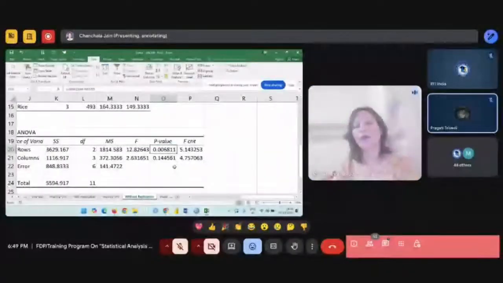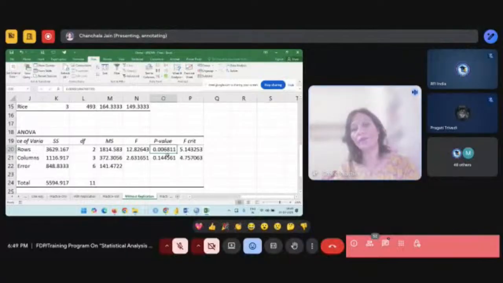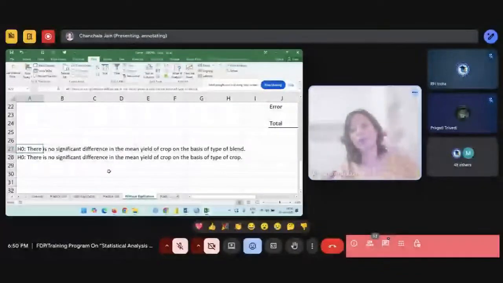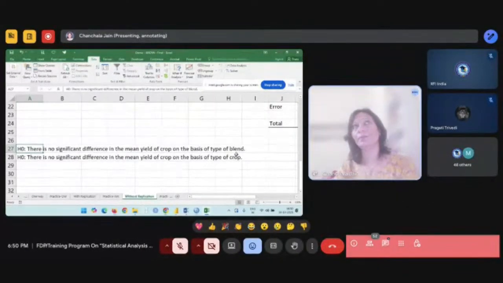The first P value is less than 0.05, but the second P value is greater than 0.05. So according to the first P value, I need to reject the null hypothesis, but for the second P value, I need to hold my null hypothesis, right? So when I'm rejecting the first null hypothesis, I'm saying there is a significant difference in the mean yield of crop due to the type of blend.